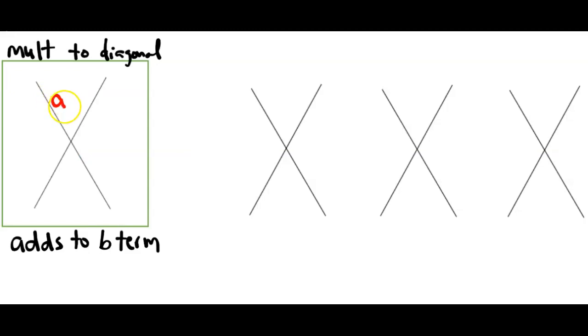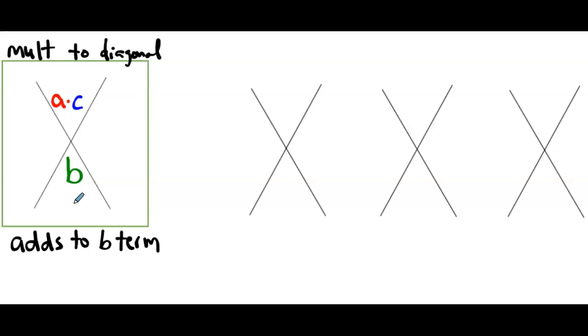This part here is a result of A times C. So in my quadratic polynomial, I'm going to multiply A times C, and I'm going to put that number here with its sign. Here, this section down here, that is a result of B. Whatever B is, including its sign, goes there.